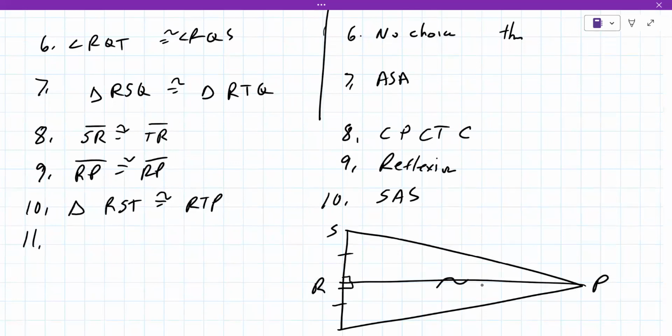And then you can say that angle S is congruent to angle P by CPCTC.